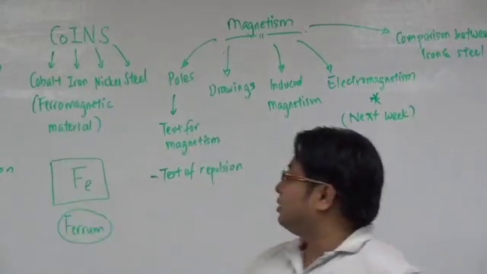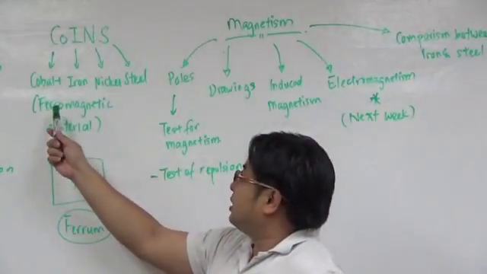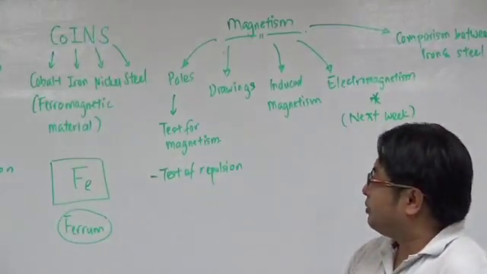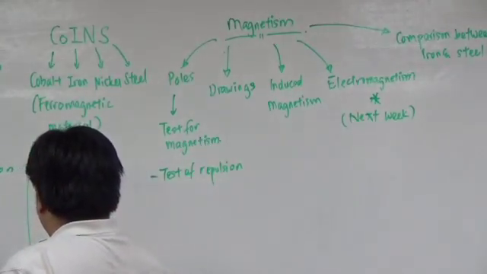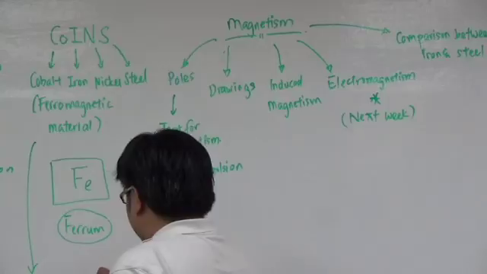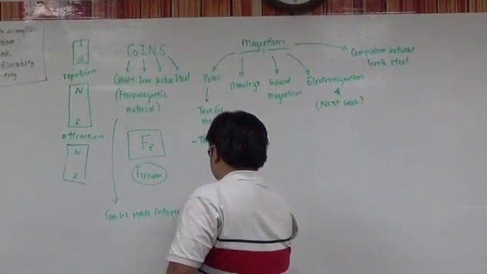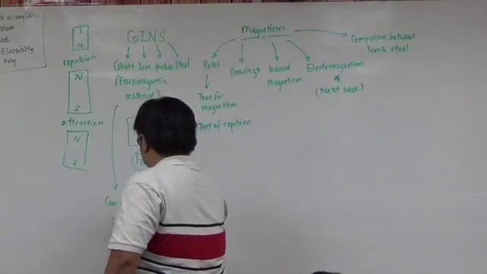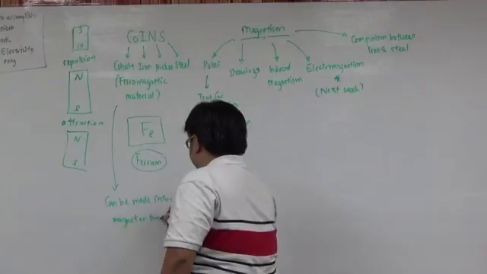So when they say ferro, it is the original name for iron. So it's known as a ferromagnetic material because they can be made into magnet, permanent magnet, or temporary magnet.